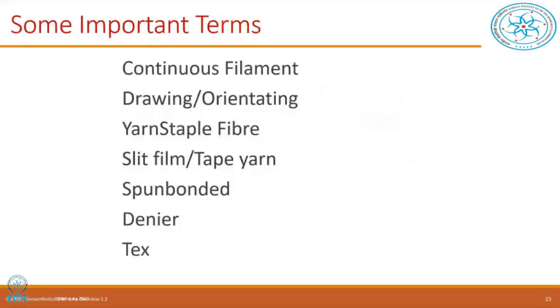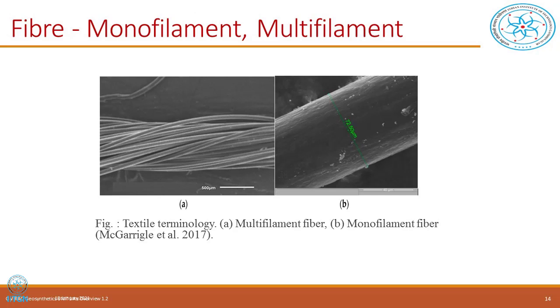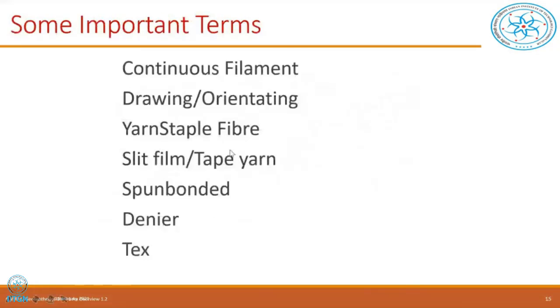Now it's also possible for us to make this kind of yarn in a different way, from what we now call staple fiber. What is staple fiber now? We said it is coming from the extruder or spinneret continuously. Once coming continuously, we have to control this also. So some manufacturers, as it comes out, cut it into small pieces.